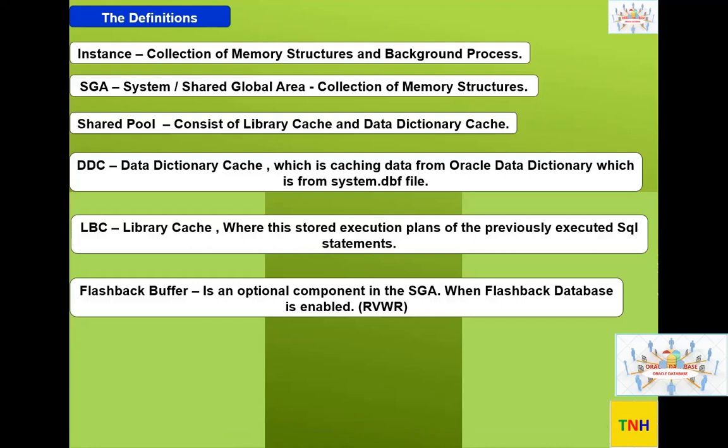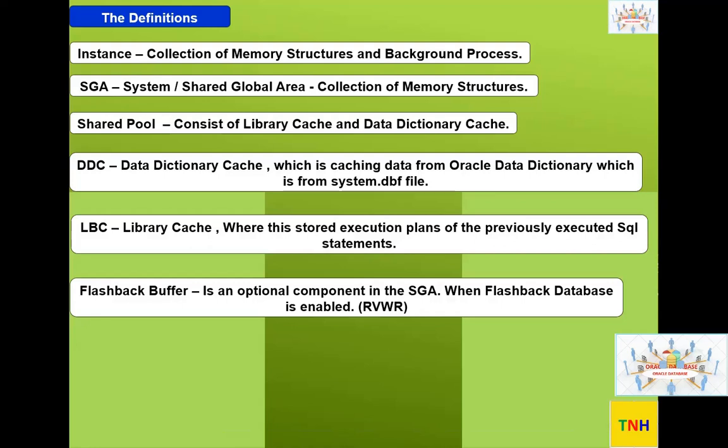And recovery writer. Recovery writer is the process responsible for writing data from flashback buffer to FLB files. By default the database is not running in flashback mode. If you want to run the database in flashback mode, we need to enable it. Once archive mode is enabled, you can put the database into flashback mode.